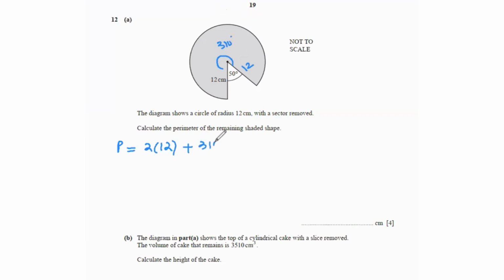So 310 over 360 times 2 pi r. This is your length of arc, which is the curved part, and then you add the radius to it 2 times to find the perimeter of the remaining shaded area. And that is going to leave us with a value of 88.9 centimeters.